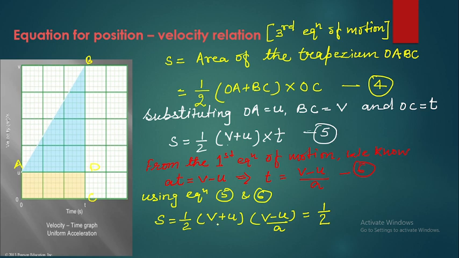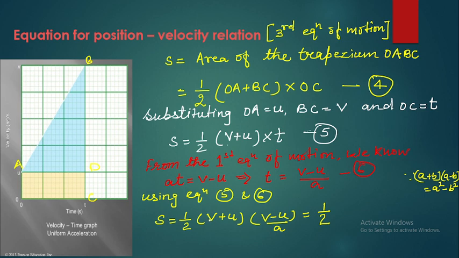Here using the algebraic identity, A plus B into A minus B is equal to A square minus B square.